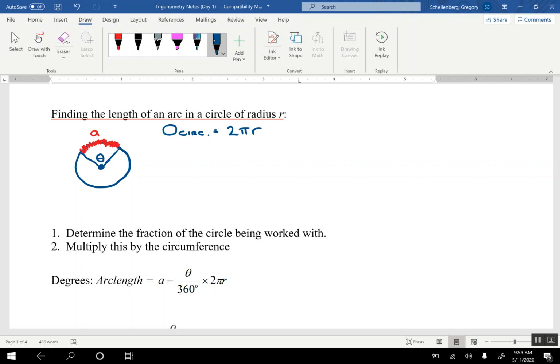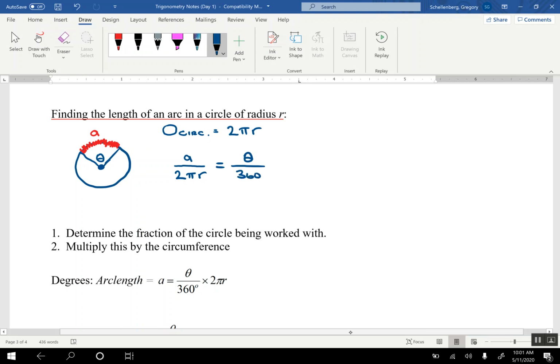Arc length is a portion of the circumference of a circle, and the circumference comes from 2 times pi times the radius. So arc length as a portion of the circumference of the circle, 2 pi r, would need to be proportionally equal to some central angle theta as a quantity out of 360 degrees.